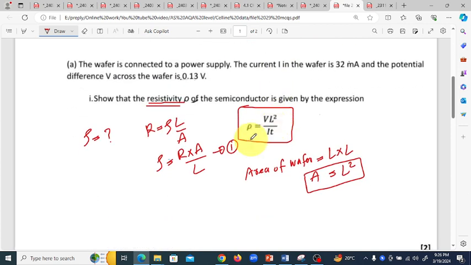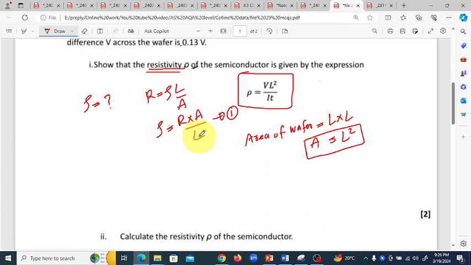So in the formula, this length is actually the thickness.